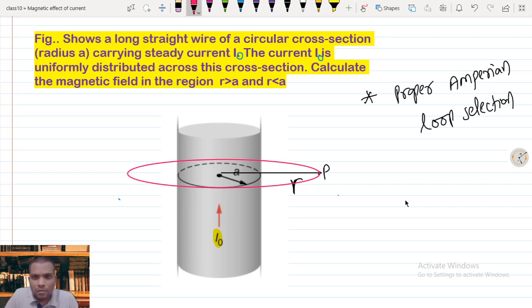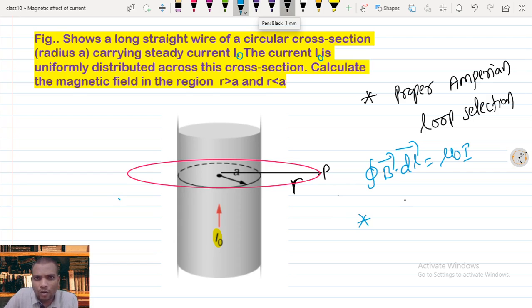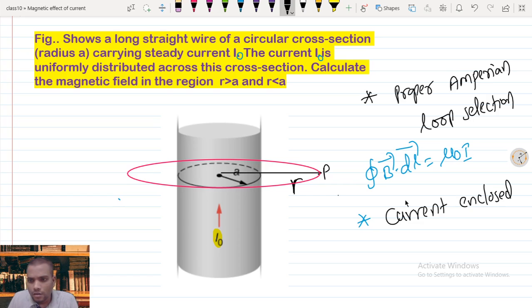Now if I write the formula, closed integral B bar dot dl bar equals mu naught I. So this is the formula. Now the second step we need to bother about is the current enclosed. The Amperian loop is enclosing the total radius of the conducting wire.